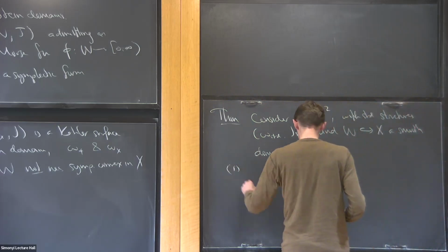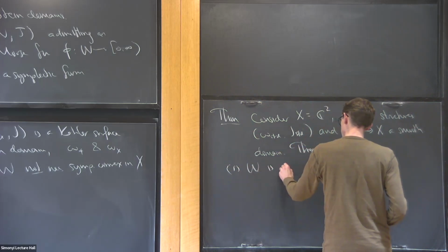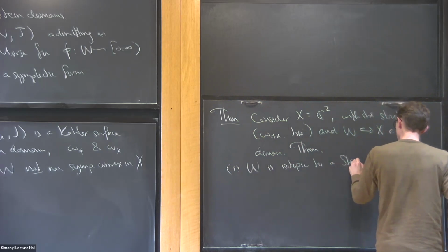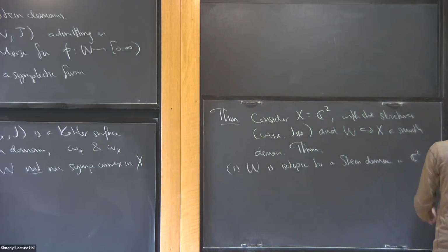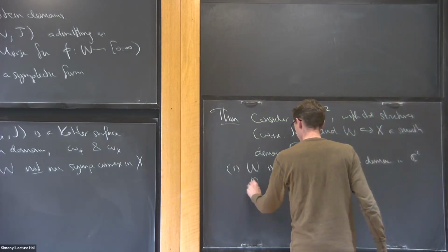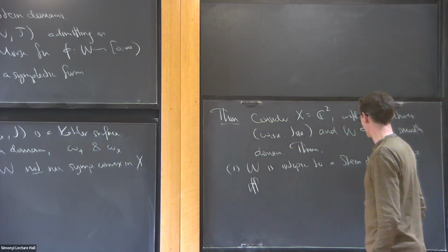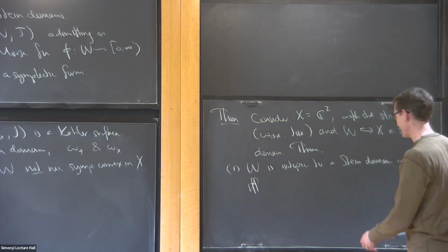So the first condition is that W is going to be isotopic to a Stein domain in C2 if and only if the obvious necessary homotopical condition is satisfied.